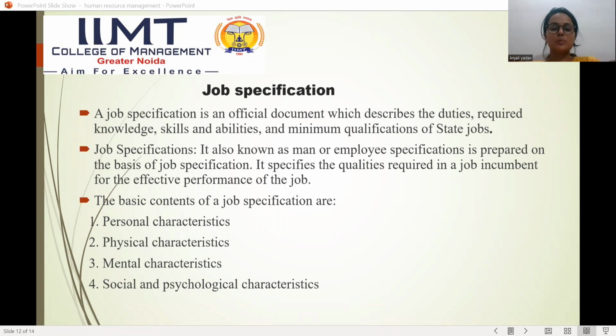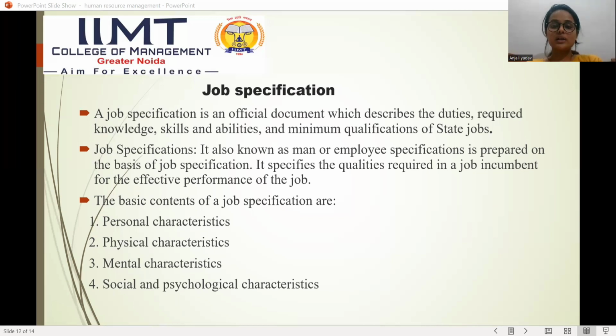Next is job specification. So what is job specification? Job specification basically specifies the nature of manpower or the workforce required for the performance of the defined job in the job description. Job specification is also known as men or employee specification and is prepared on the basis of job description.